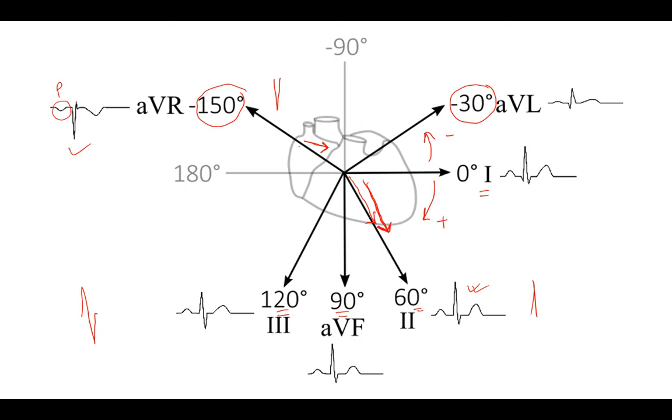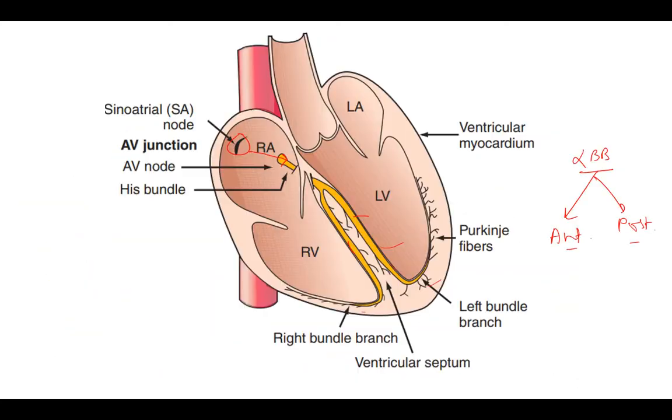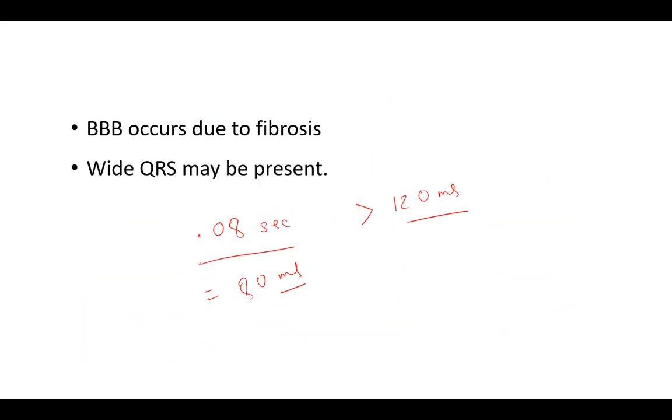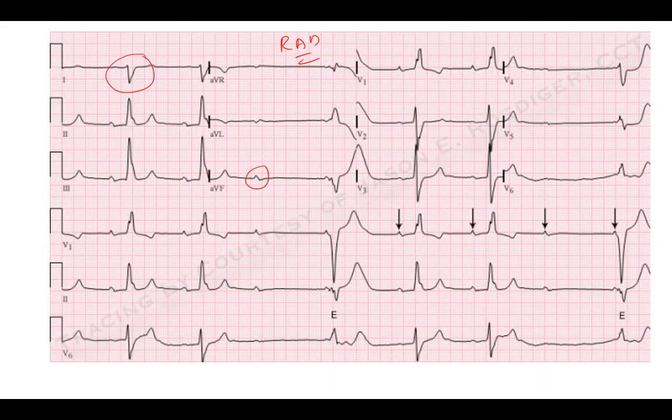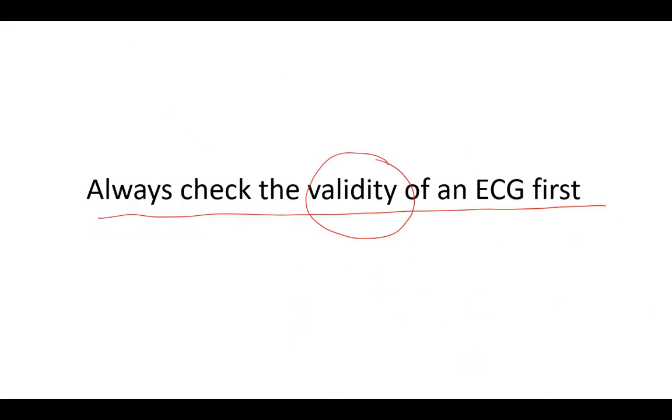So this is the final point I would like to tell you, that whenever you take an ECG strip in your hand, check the validity of the ECG, and for checking the validity of ECG, you have to look at lead AVR, where the P wave must be inverted if the heart is beating in sinus rhythm.